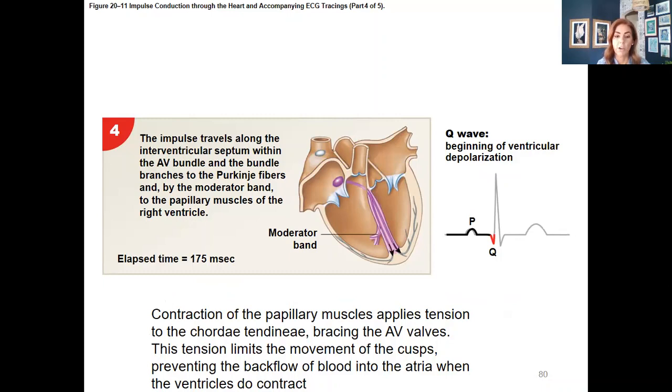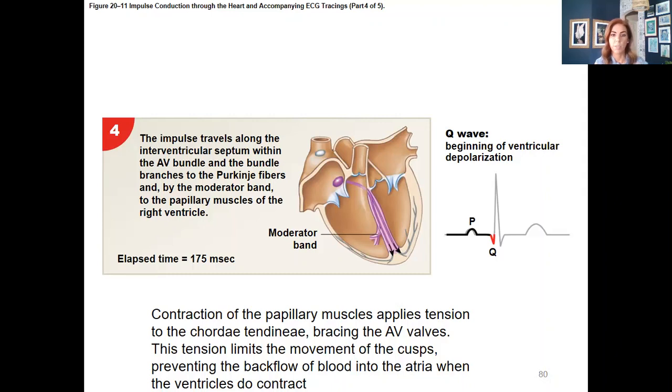So this can then cause contraction within those papillary muscles that will apply the tension to the little fibers, the chordae tendineae, that are attached to the valves and attached to the muscles in the endothelial layer of the heart. So it's going to cause those muscles to brace the cusp of the AV valves so that they stay closed once the ventricles are going to go through their contraction process.